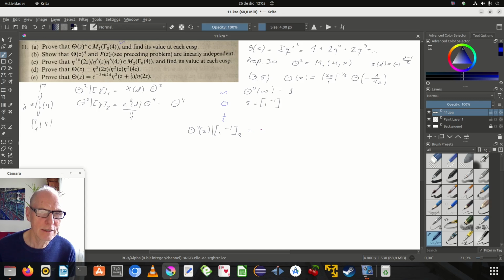Now let's see, that's set to minus second, phi to the 4th minus 1 divided by z. And that's where we must use 2, 5. So we need to put this to 4th power.